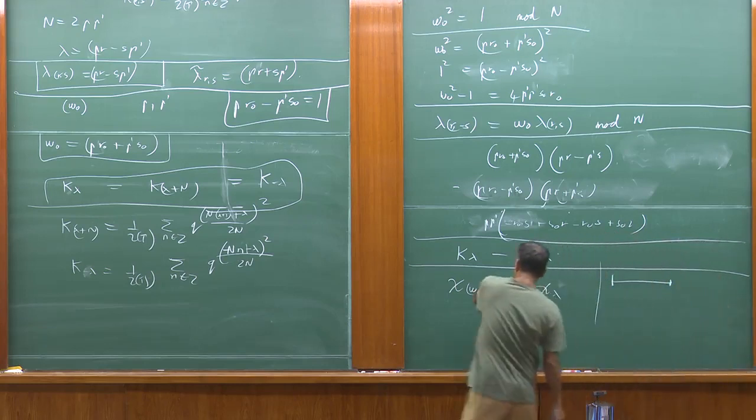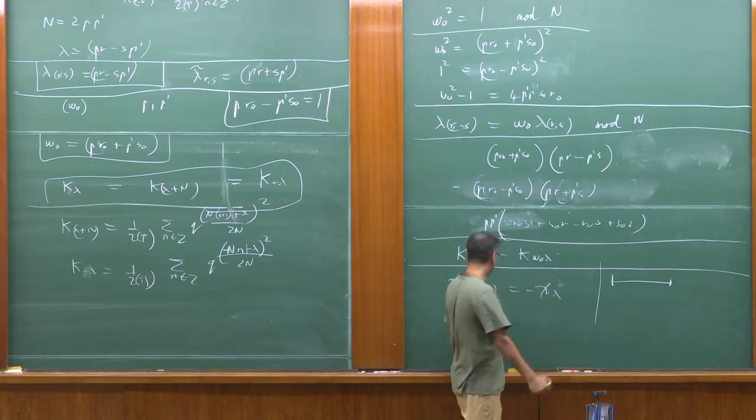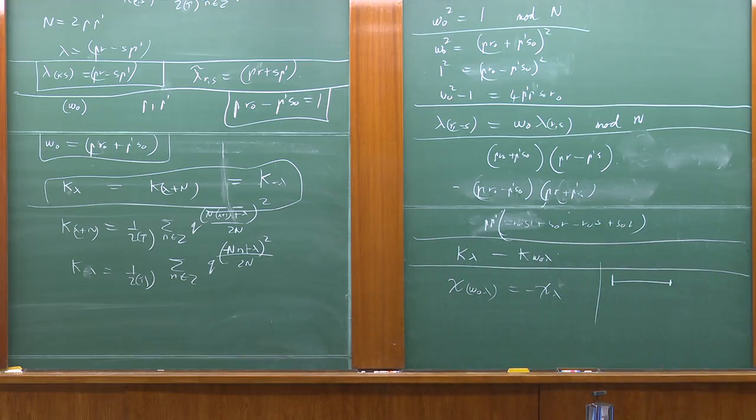And now there's this omega naught operation, which takes integers to other integers, under which chi is the same up to a minus sign. So that cuts it down by another 2. Now this 2 is not completely accurate, because there are some chi's which will just vanish. Because if lambda is the same as omega naught lambda, then chi of that quantity is just 0. So you have to do the counting a little more carefully. Okay, but roughly n by 4.